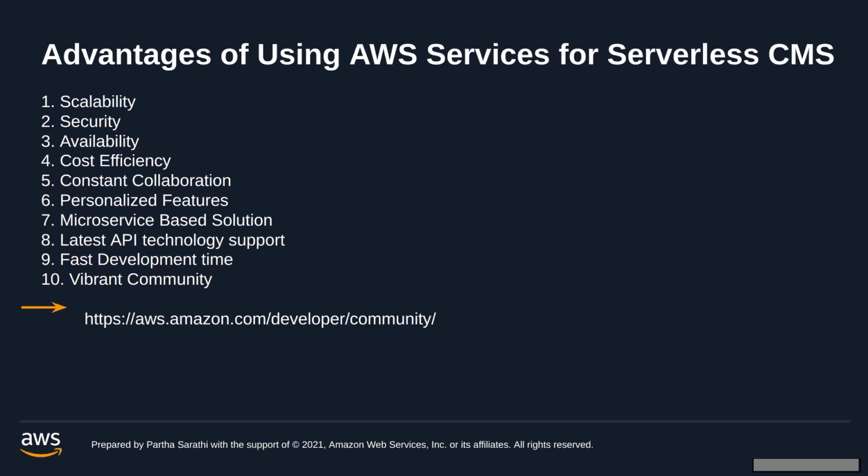You don't need to change your cloud provider or integrate a hybrid cloud, like your application may need some services from Google Cloud, some from Microsoft Azure, and some from AWS. With AWS, you don't need to do that. Within AWS only, you can get your personalized features available for your serverless CMS.